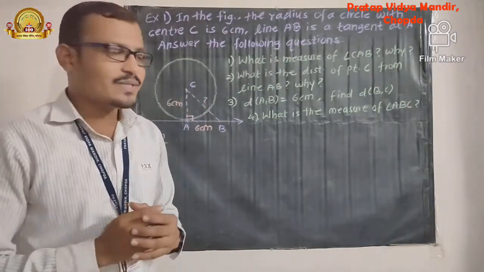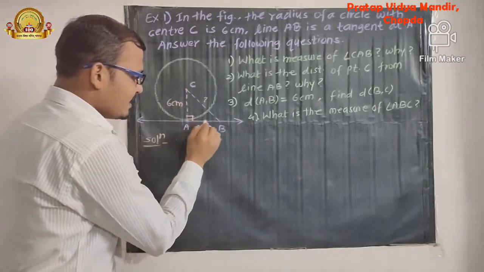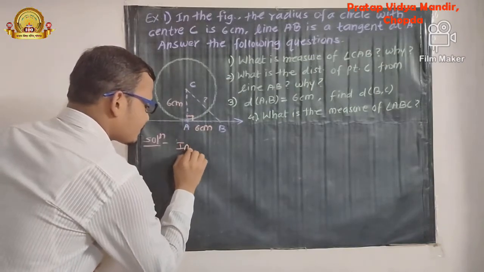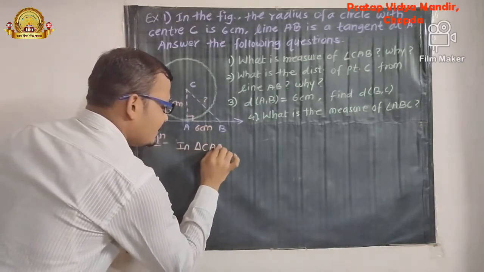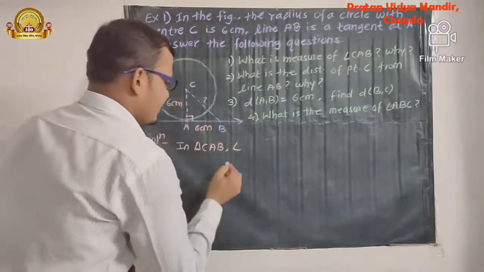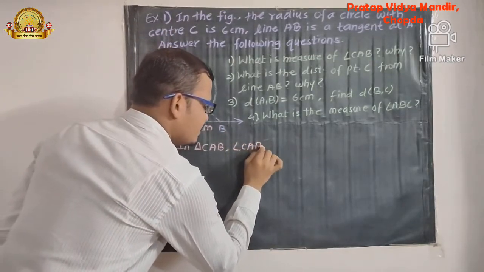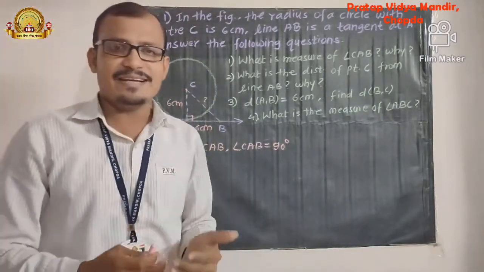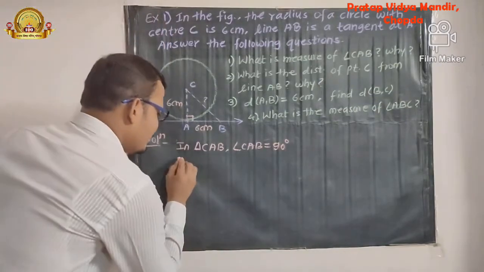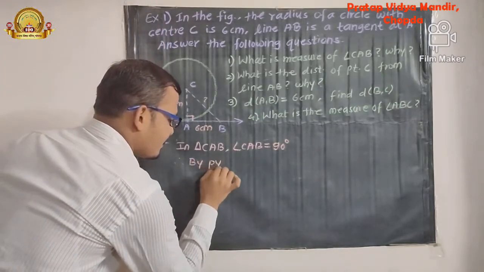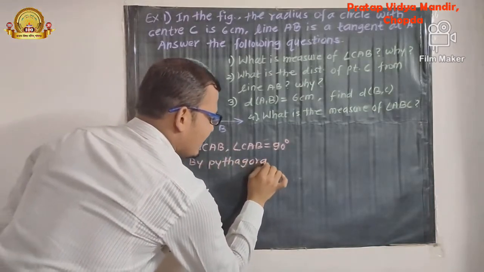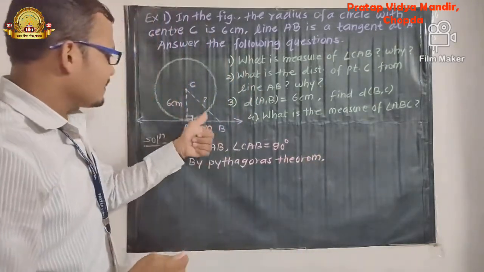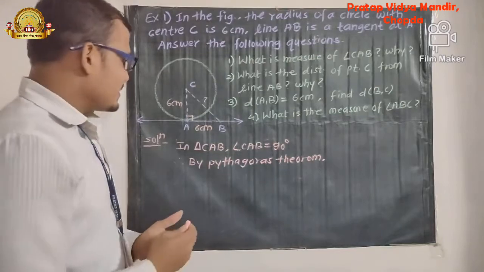Friends, we also know that this angle CAB is of measure 90 degrees. So in triangle CAB, angle A, that is CAB, is of measure 90 degrees. So this triangle CAB is a right angle triangle, and hence by the Pythagoras theorem we can find the value of CB. What is our Pythagoras theorem?